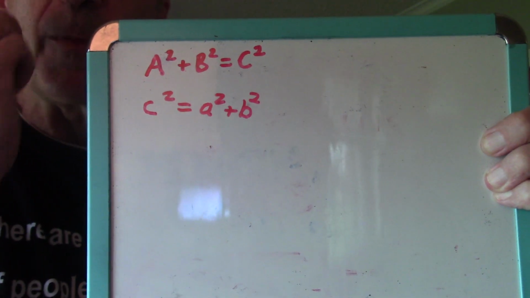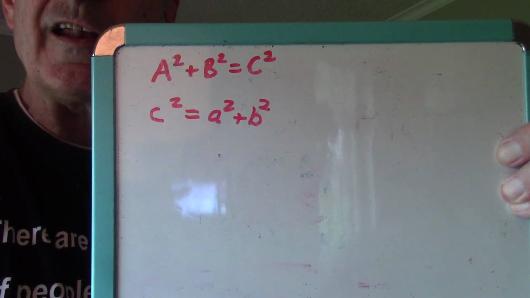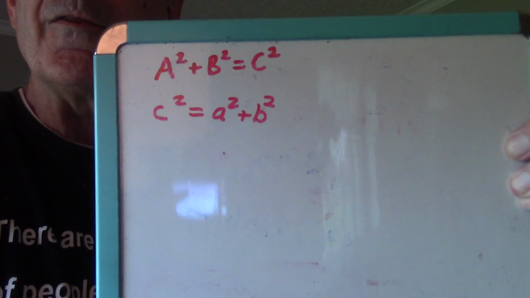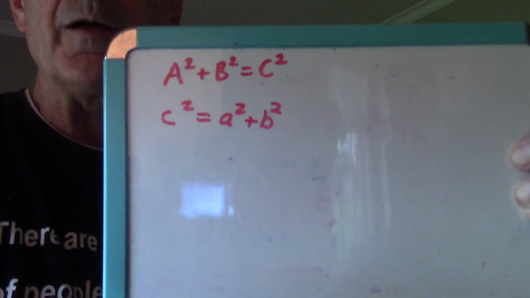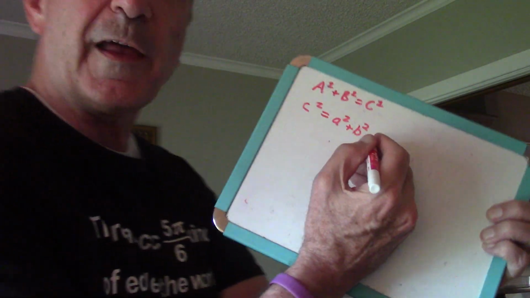And what the law of cosines does is it takes the Pythagorean theorem and adjusts it for angles other than 90 degrees as the hypotenuse. So let's go ahead and write that adjustment down here.